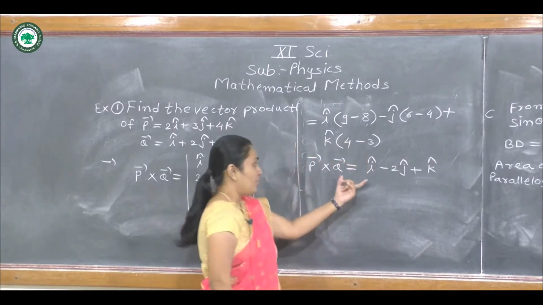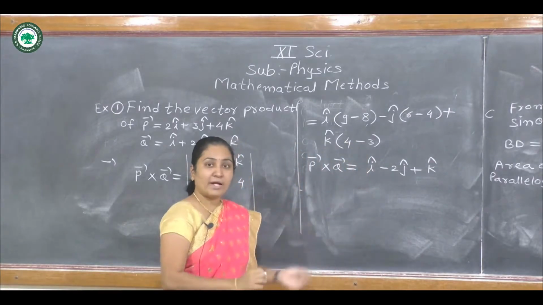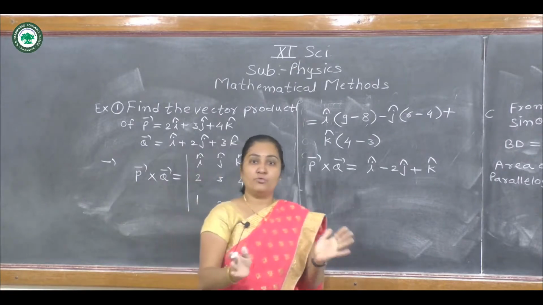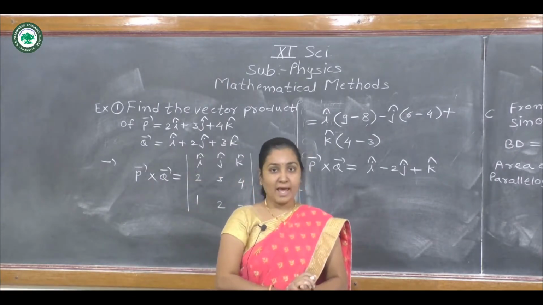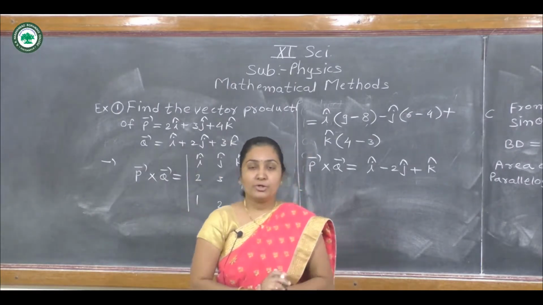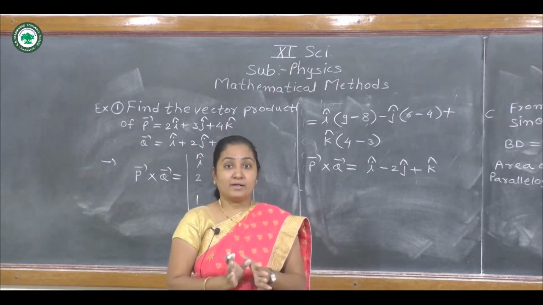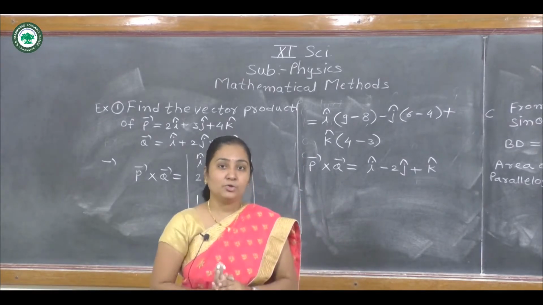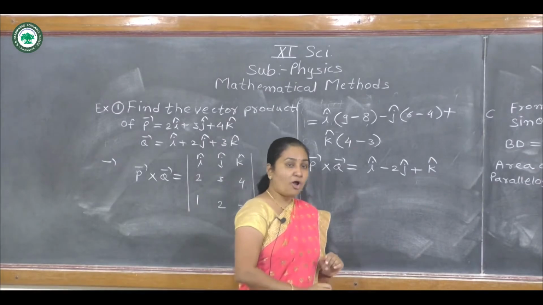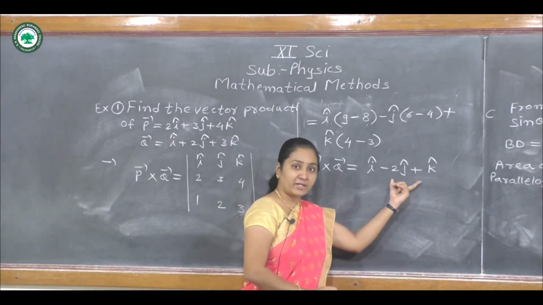So this gives us a vector product of two vectors, and we have to remember that the vector product of any two vectors is always a vector.